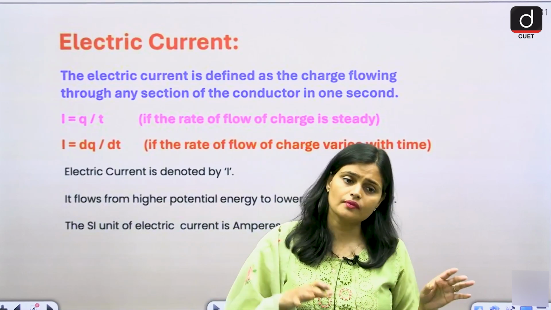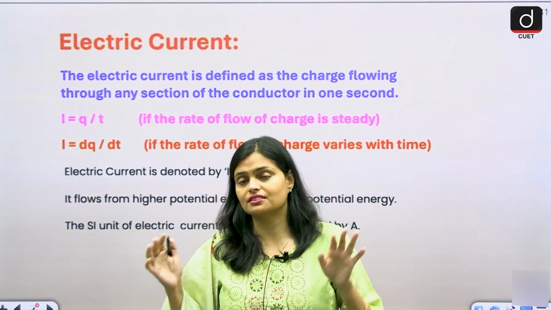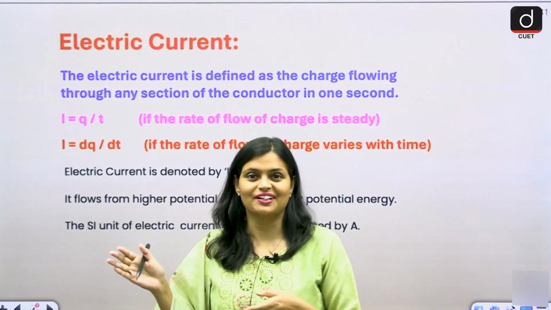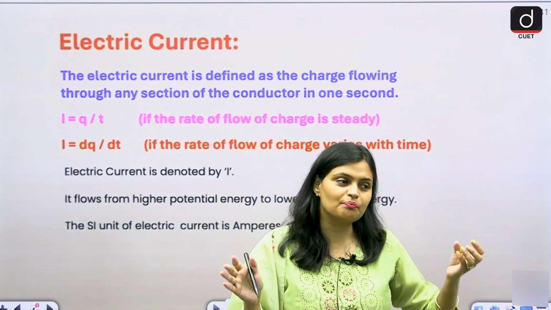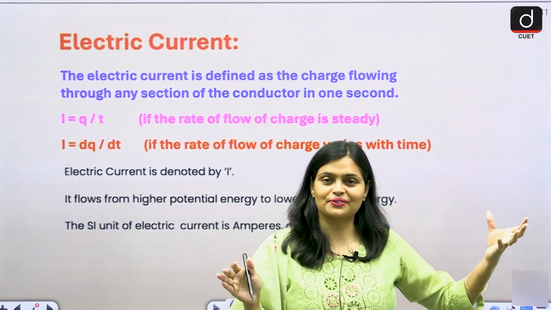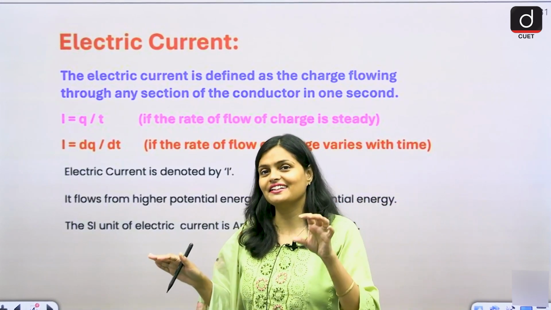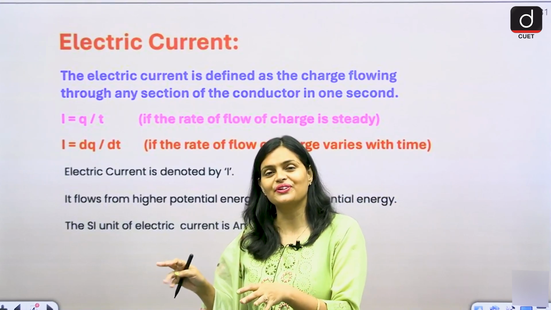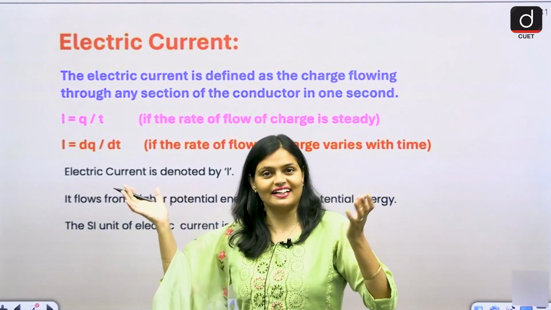But here in this chapter, now your charges started moving. So you can understand it like this: the charge was born in electrostatics, where you know about the charges, and then in current electricity, chapter number 2 of your NCERT, the charges started moving and conduct electricity.